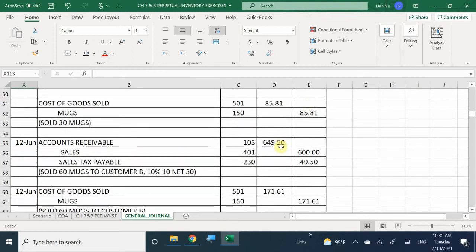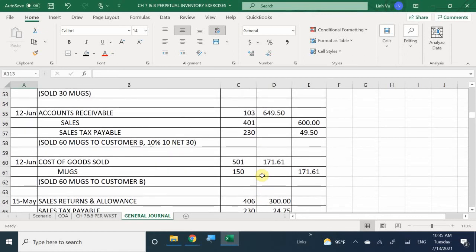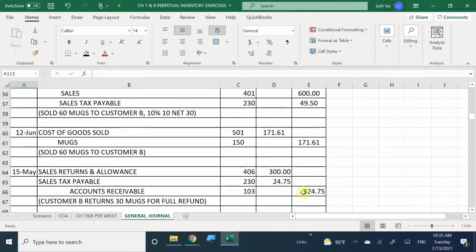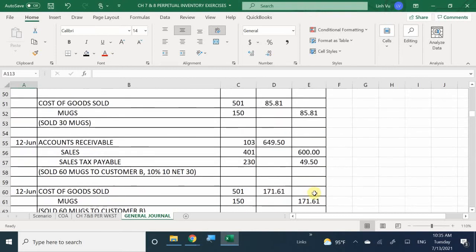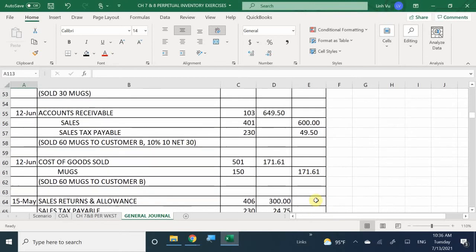Here we sold for a grand total of $649.50. Then we end up returning $324.75. So right now, customer B owes me $324.75. Now, how much of it is actually eligible for a discount?